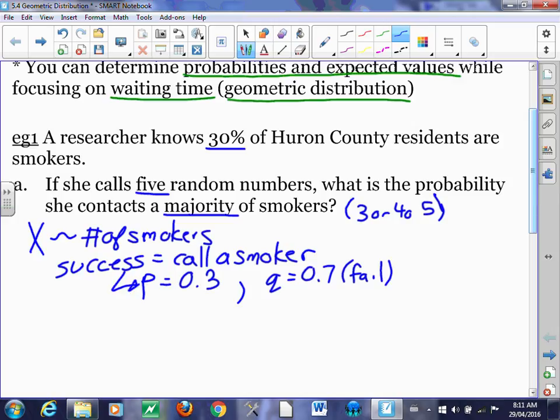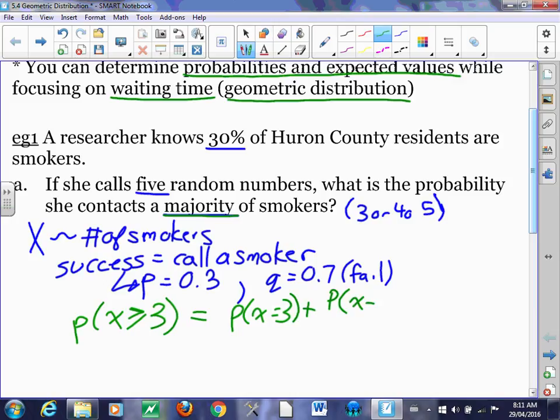Okay, cool. So what we need to do is find the majority, so the probability of X has to be greater than or equal to 3, right? Because 2 is not enough, but 3, 4, or 5 is. So to do that, we find the probability when X equals 3 plus the probability when X equals 4 plus the probability when X equals 5.